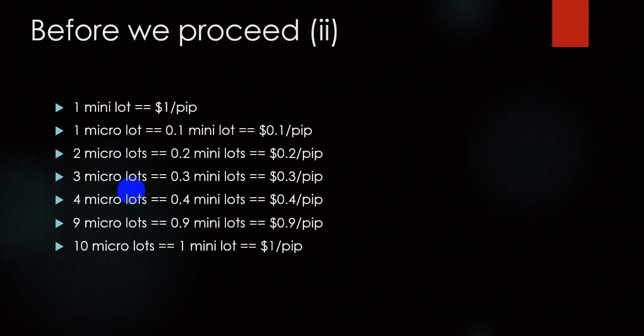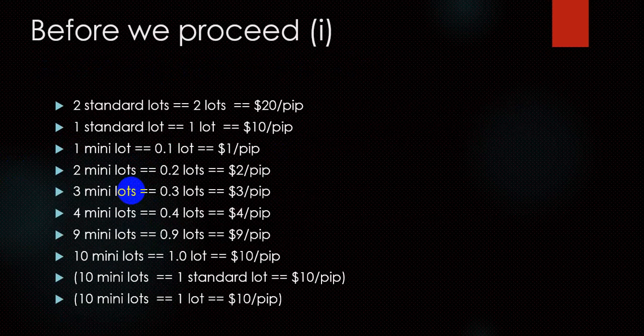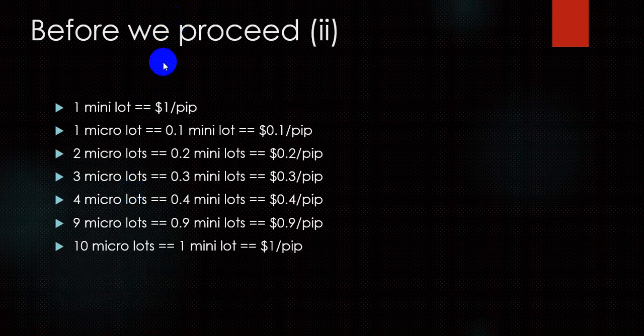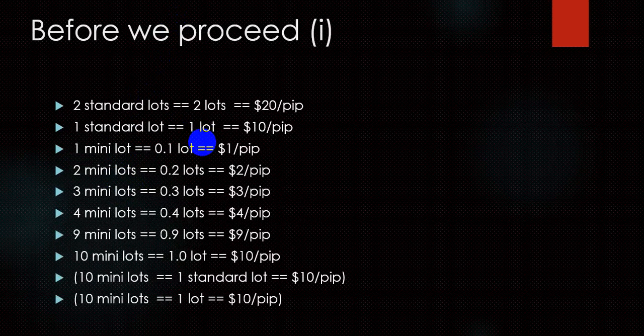But over here, 1 micro lot is expressed as a fraction of 1 mini lot. And now that is what is not really done. When we are expressing lot sizes, everything is expressed as a fraction of 1 standard lot.